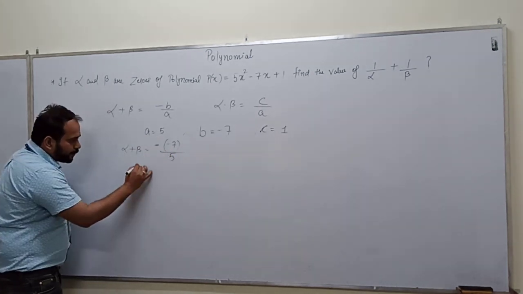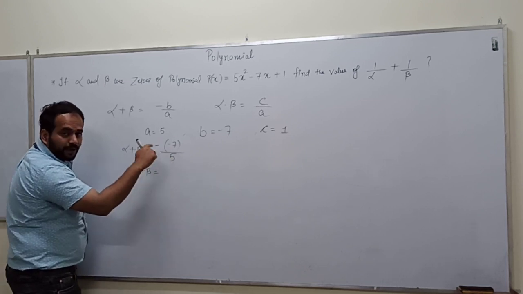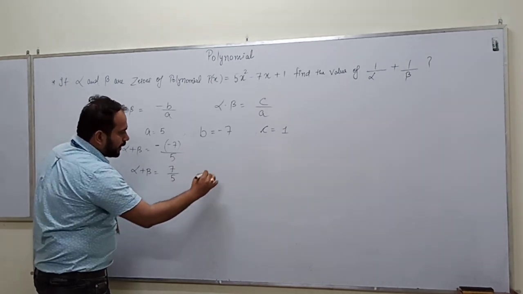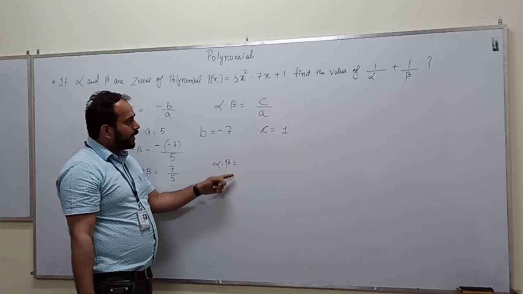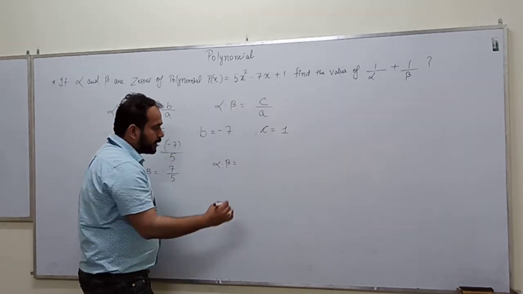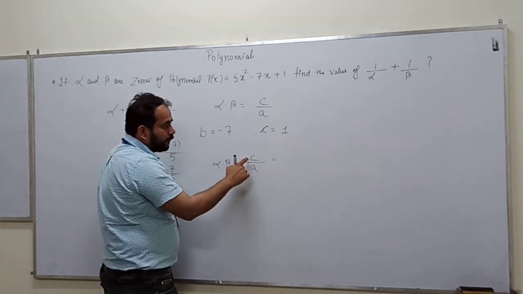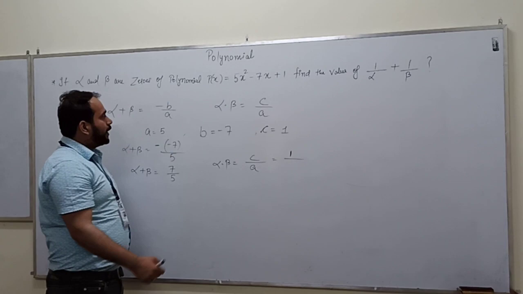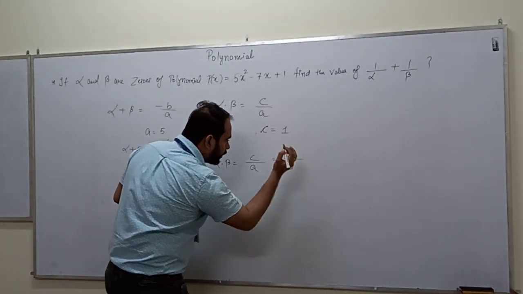Which means alpha plus beta is equal to negative into negative, which becomes positive, so I will get 7 by 5. Similarly, alpha into beta is equal to c by a. What is the value of c? The value of c is 1, and the value of a is 5. So I will get 1 by 5.